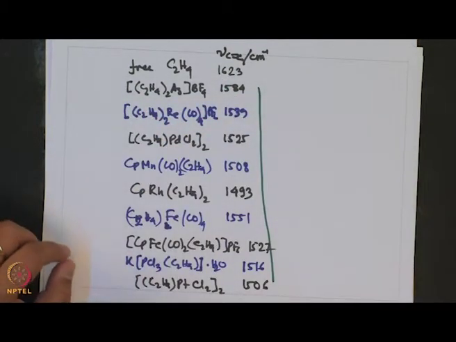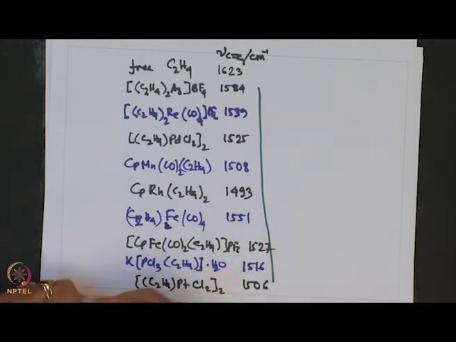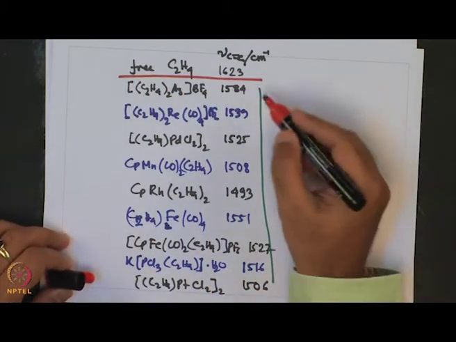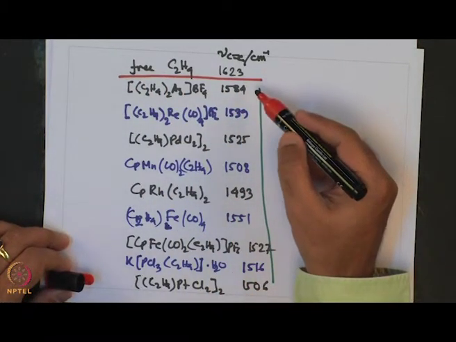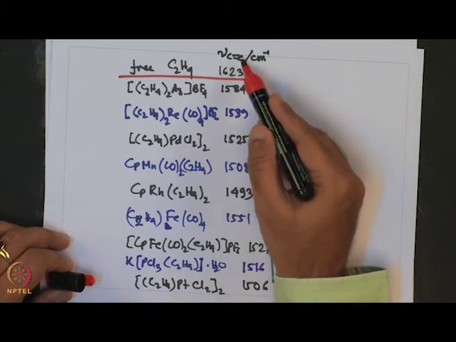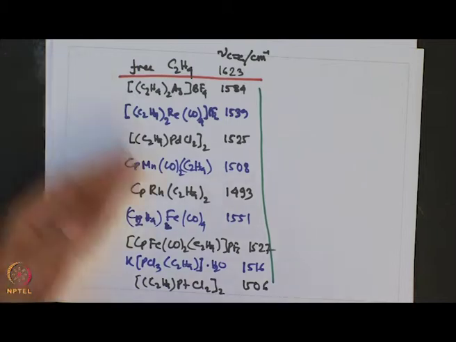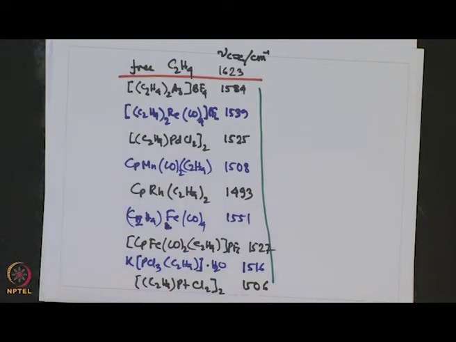Now, what we see is that all of these are starkly at lower energy than that of the free alkene, which is at much higher energy. So, that means that the CC double bond is stronger for the free alkene than when it is bound to transition metal complexes.